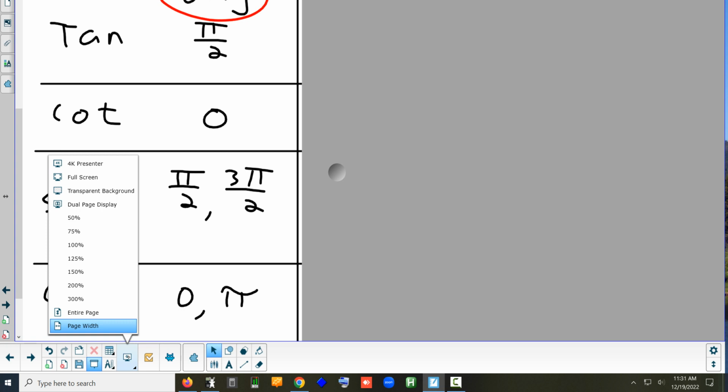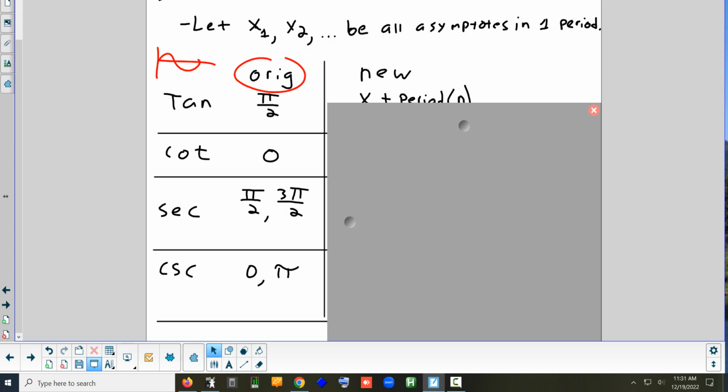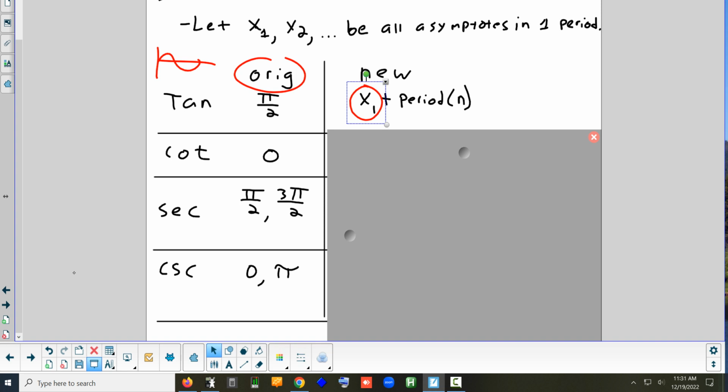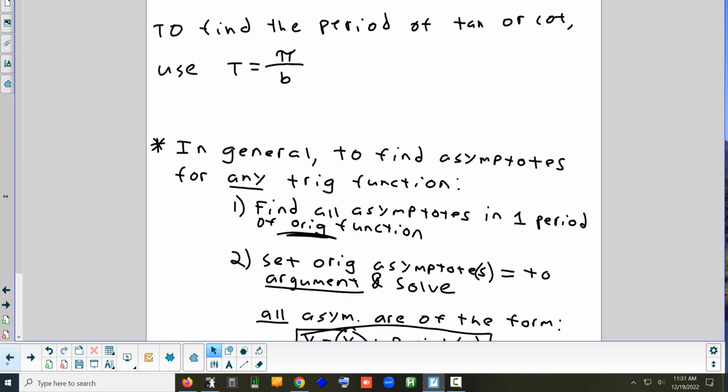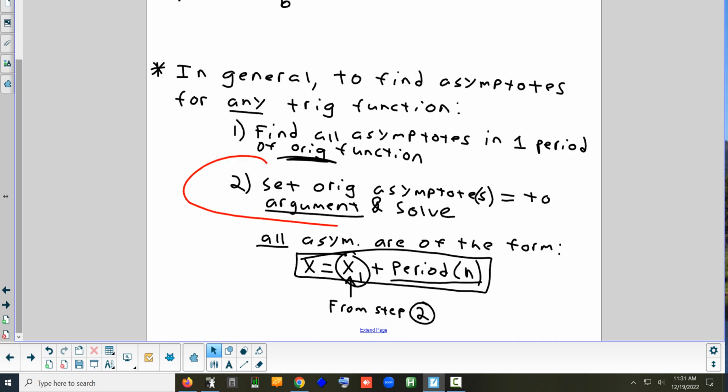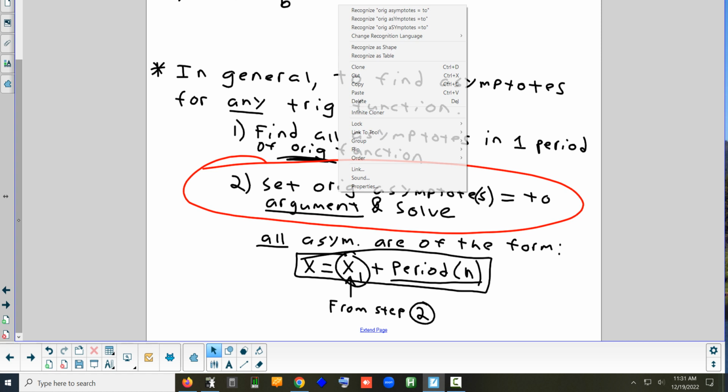Tangent, cotangent, secant, cosecant. Now, how do you get the new ones? Well, you would have to find one of the new ones first. How do you find one of the new ones? You set the old one equal to the argument and solve. We already had directions for that. So this x1 comes from doing this. Set the original asymptote equal to the argument and solve. But now you don't have to think about what the original asymptote is.